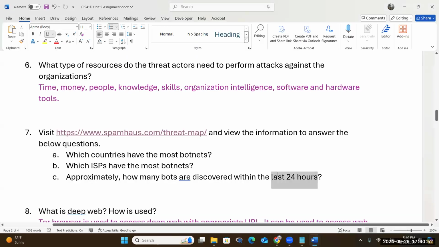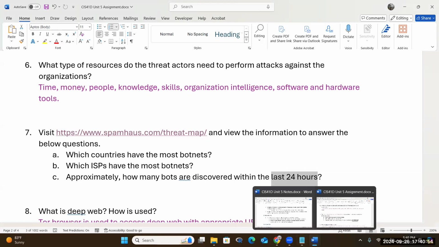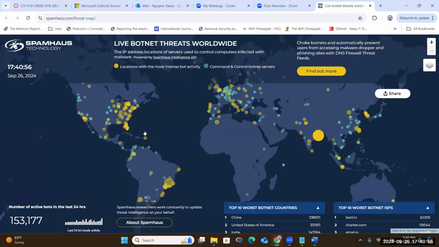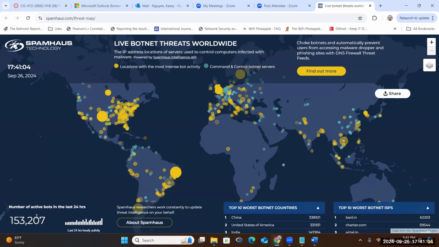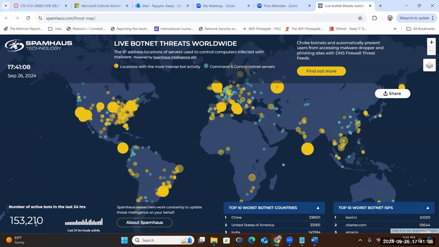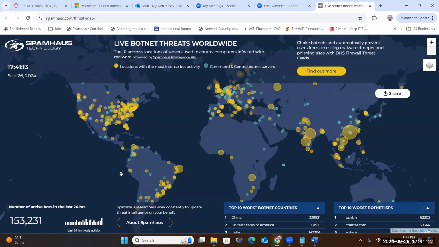And then, where can I find the last 24 hours botnet count? So when you go back to the heat map, this number varies, so go with an approximate. When I looked at it yesterday and then earlier today, it was higher. So it depends on the time of day that you look also, right?